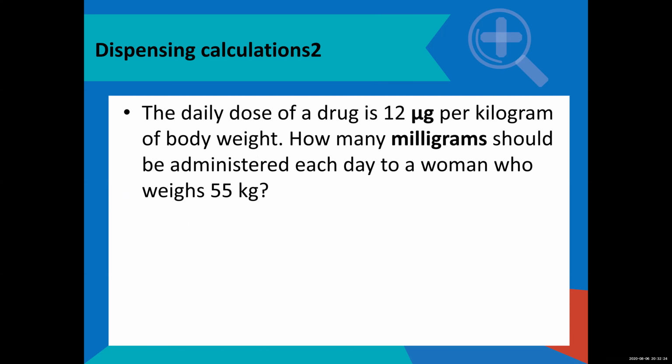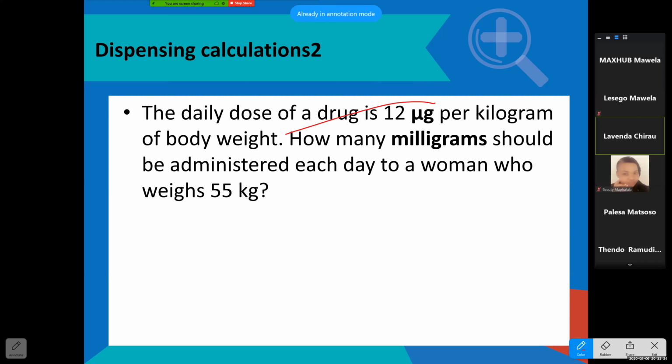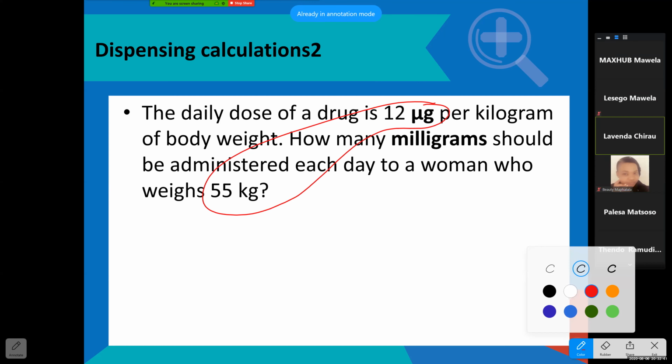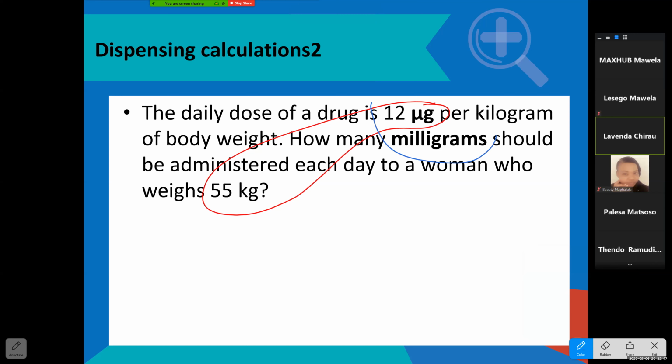Yes. No, it's the same, because remember I said you have two ways. You can either say, I want to start by calculating the dose, or you can say, I want to start by converting the micrograms to milligrams.